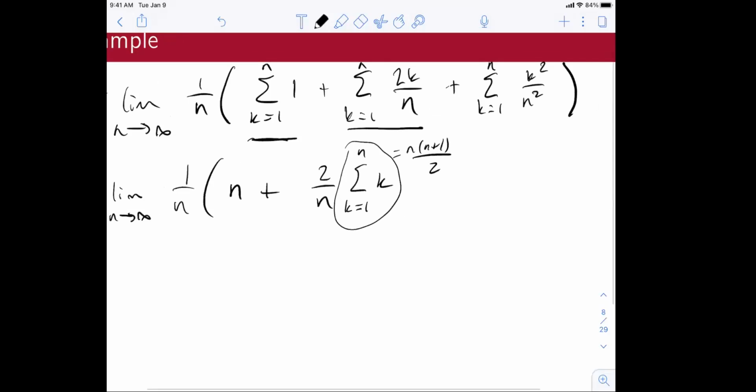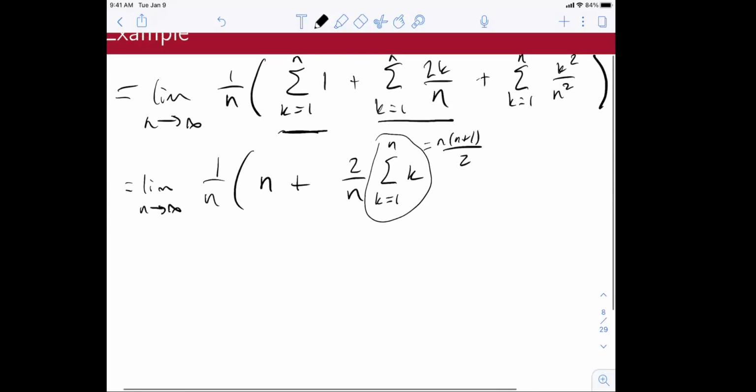And then plus, so I'm just going to do plus 1 over n squared times the sum k equals 1 to n of k squared. I'm going to write that one down on the next line. No one ever remembers it, and that's fine. On an exam, I would give you this formula.